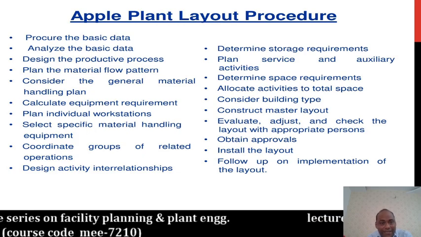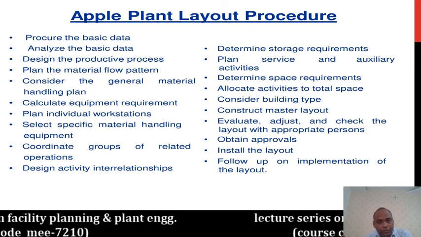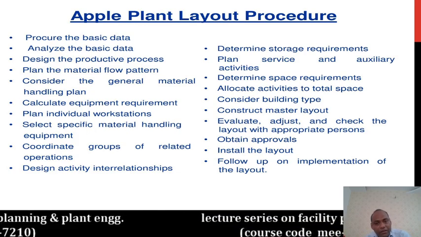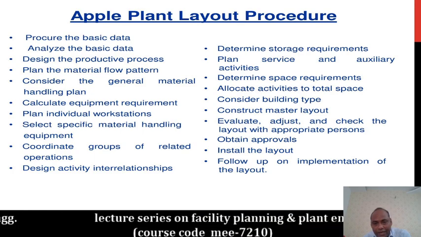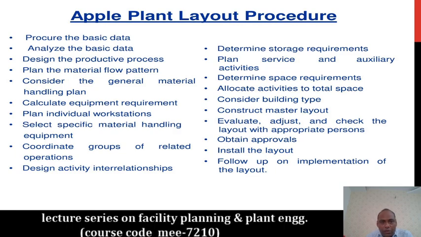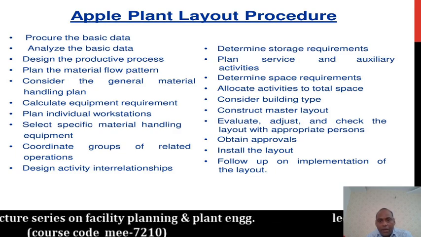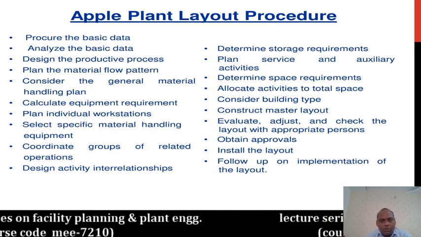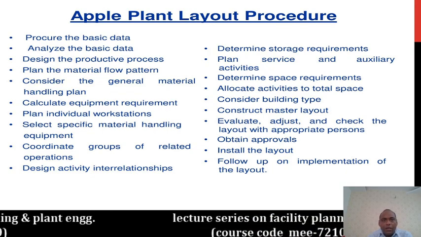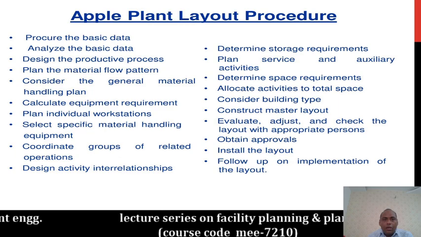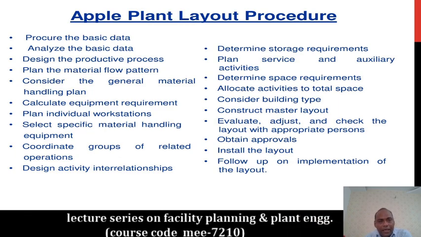Then analyze the basic data, design the productive process, plan the material flow pattern, consider what types of flow pattern there are, consider the general material handling plan, and calculate the equipment requirement. Unnecessary equipment is not needed. These are some of the planning steps in the layout procedure by Apple.